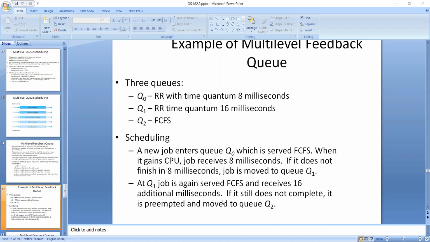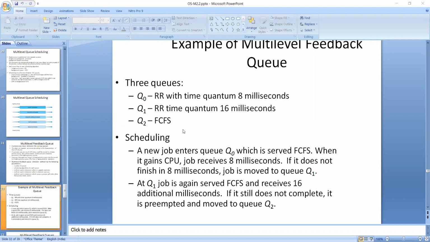If it does not finish in those 16 milliseconds, that job will again be preempted and moved to Q2. What will Q2 do? In Q2 it will follow first come first serve scheduling.